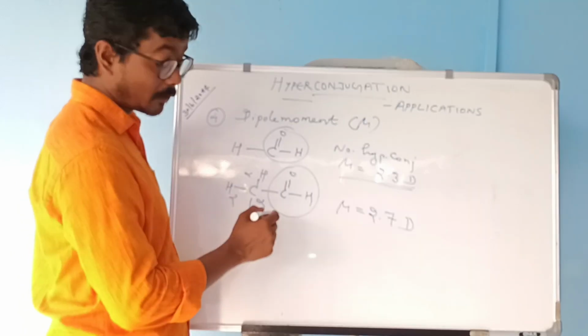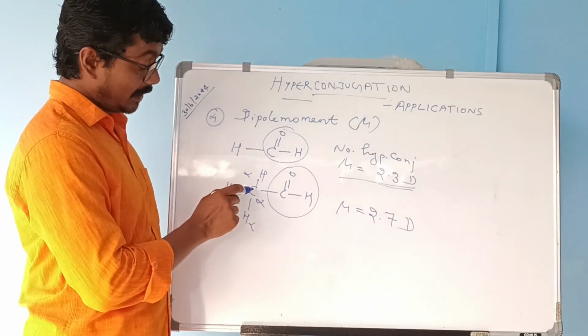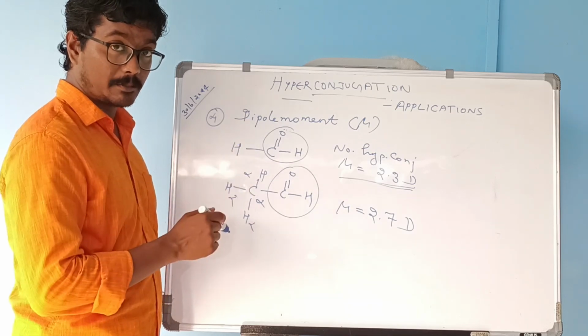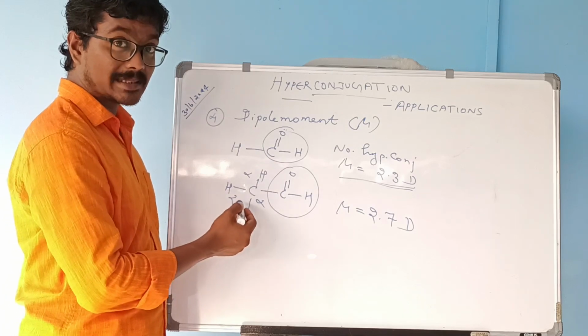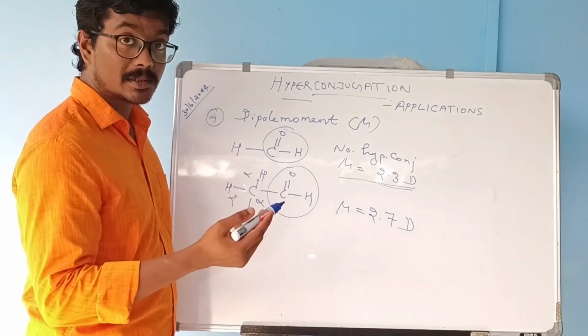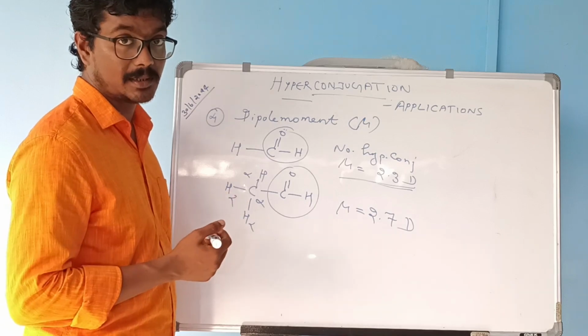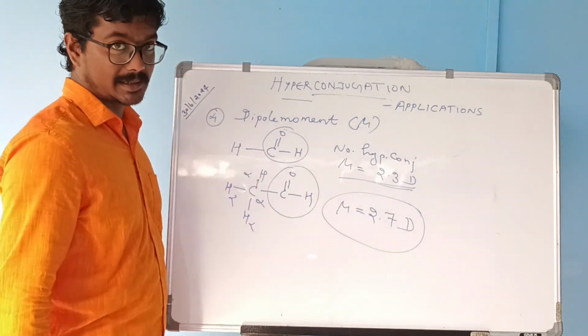This is because of hyperconjugation. Due to the presence of 3 alpha carbon-hydrogen bonds, acetaldehyde undergoes hyperconjugative structures. As a result, dipole moment increases.